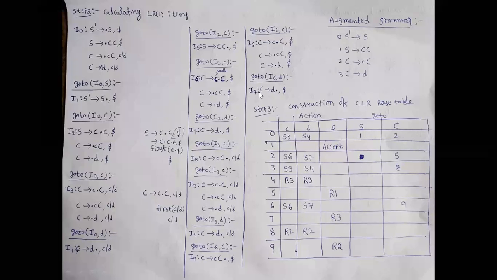That is the main difference between SLR and CLR. Construction of the parsing table and parsing of the input string are both the same in SLR and CLR. The only difference is that we calculate LR(0) items in SLR and LR(1) items in CLR. Then comes construction of the CLR parsing table.